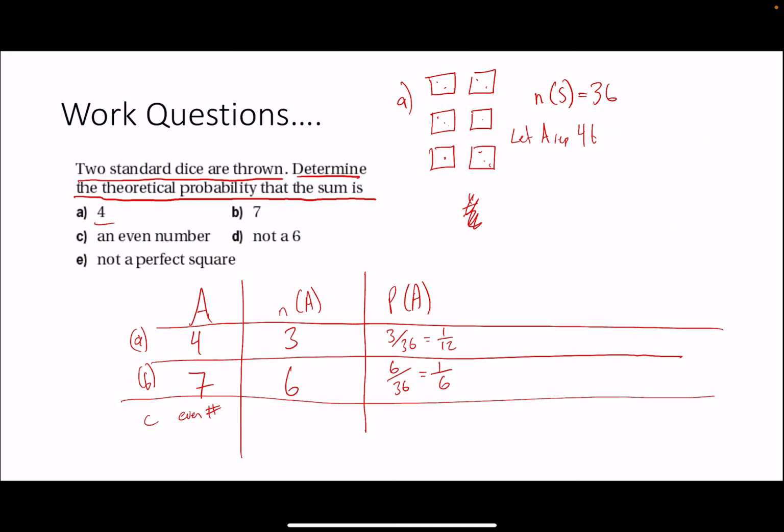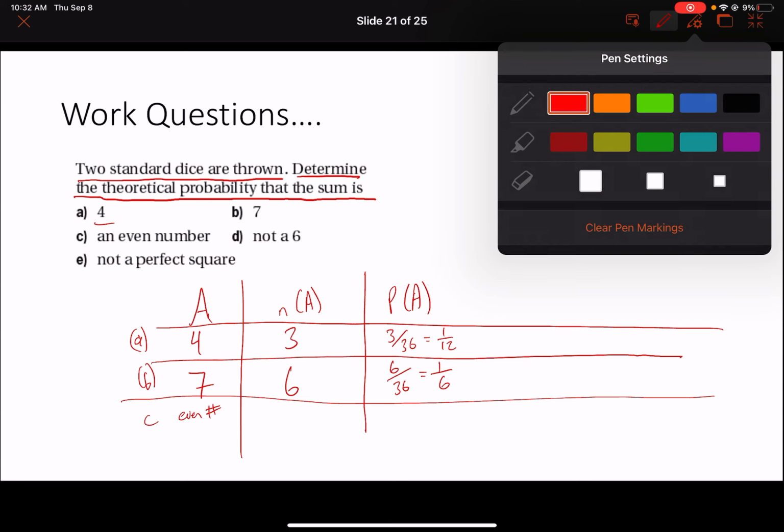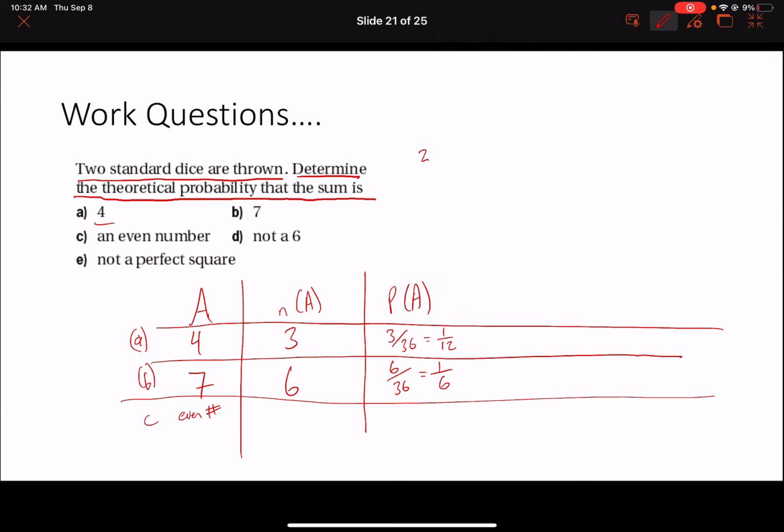And if I remember correctly, if we draw this out, we had the probability of it being 2, 3, 4, 5, 6, 7, 8, 9, 10, and 11. And there was 1 here, and there was 2 here, 2 possible ways, 3 here, 4 ways, 5 ways, 6 ways, and then it went down. When it got to 7, 7 was most likely. 5, 4, 3, 2, and then 12 had 1.